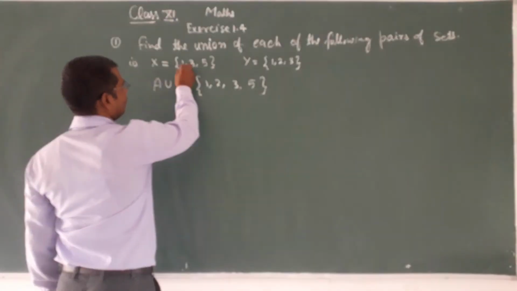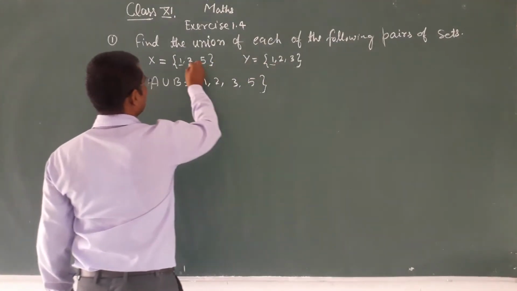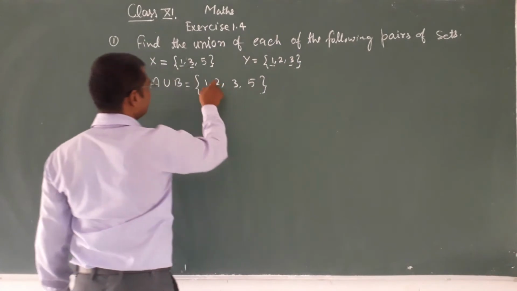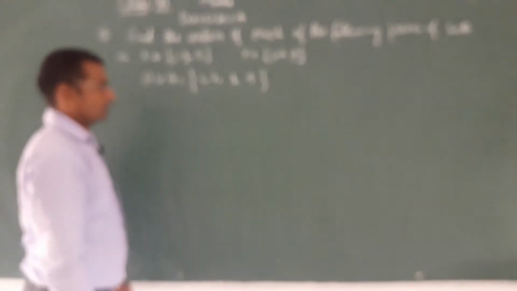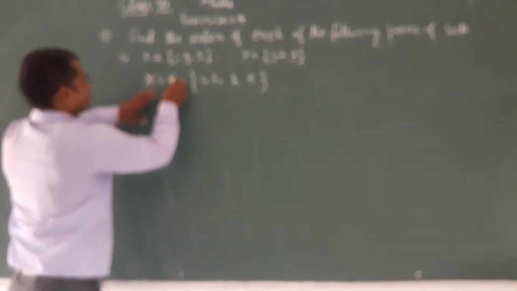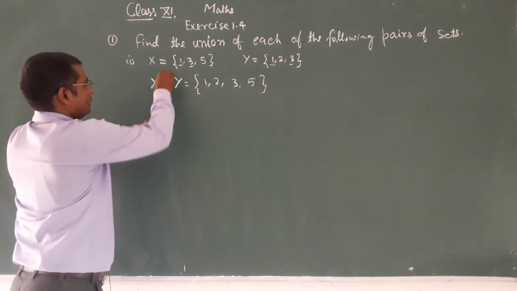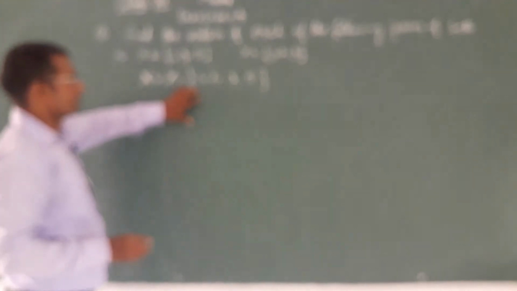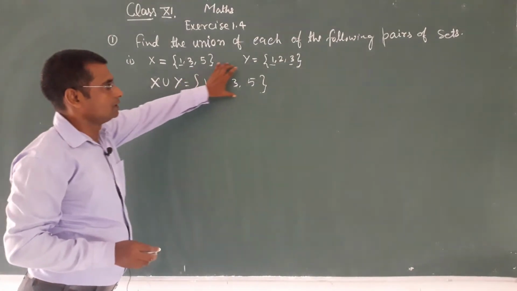The common elements 1 and 3 are retained only once. So X union Y is the set of these elements.